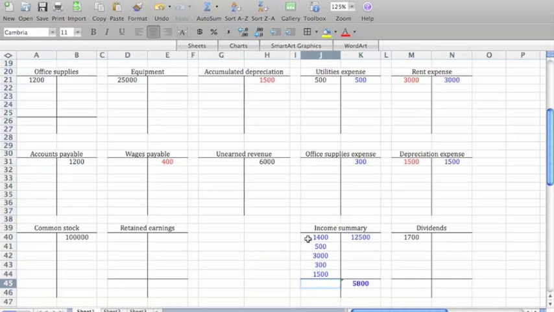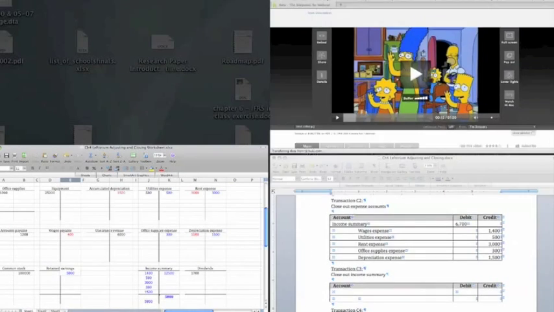And so what we need to do now is debit out that $5,800 that remains in income summary and have that be transferred to retained earnings in the amount of $5,800.